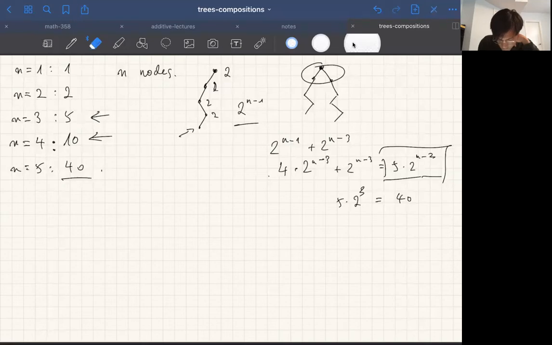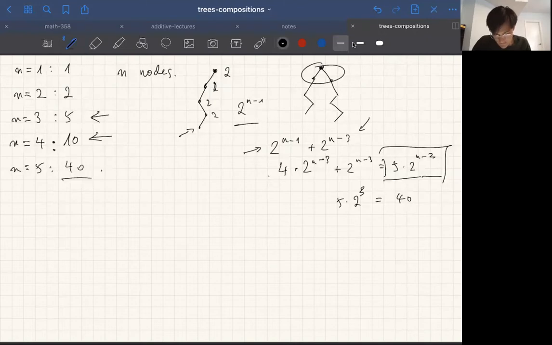2 to the n minus 1, that's when there's one child of the root. 2 to the n minus 3 is when there are two children of the root. Then we split this up into 4 times 2 to the n minus 3 plus 2 to the n minus 3.